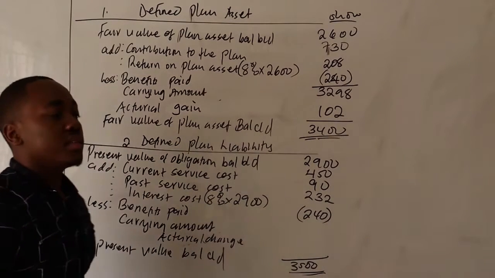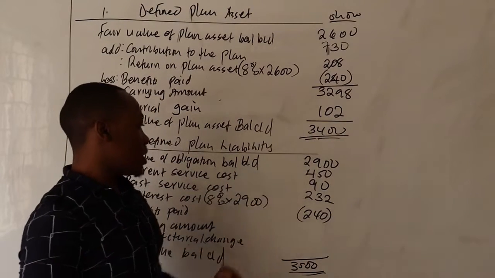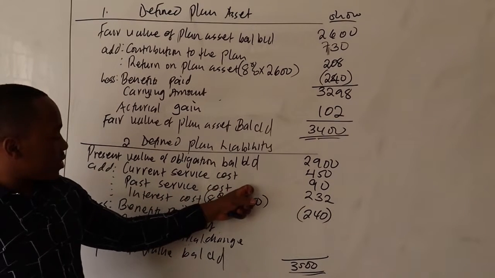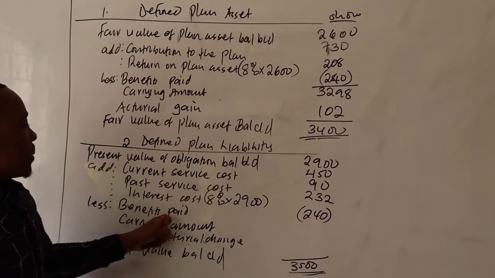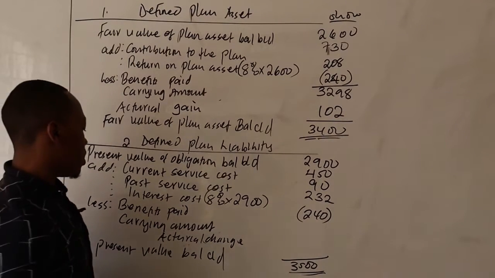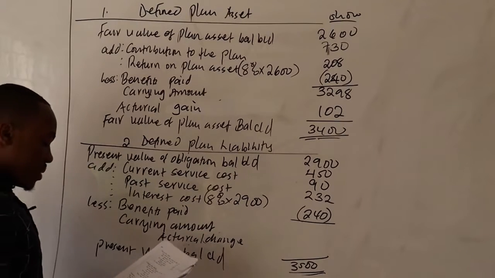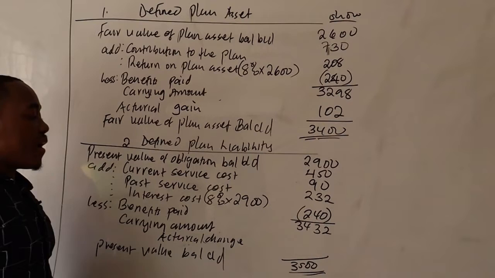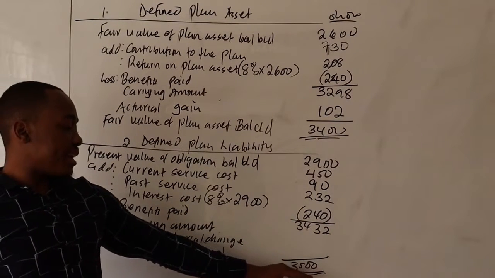Let's go to the liability. For the liability, you take the present value of obligation, that's 2,900. You add current service cost, past service cost, and the interest cost. Then you deduct the benefits paid, to get our carrying amount. So how much will be our carrying amount? Our carrying amount will be 3,432. Now you compare your carrying amount against the balance at the end.